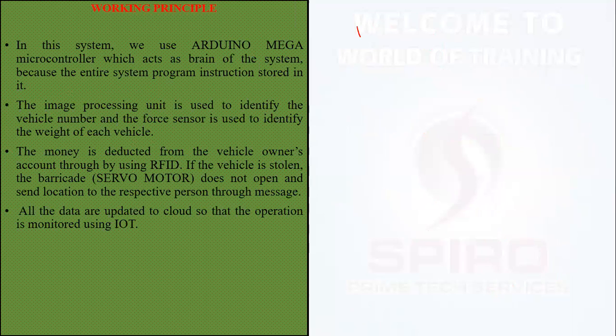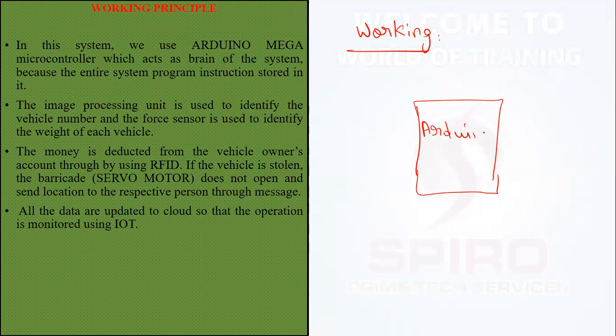Working model. In toll gate, there will be one controller. In our project, we are using Arduino controller. Number plate recognition is done using MATLAB. In MATLAB, there will be image processing, so number plate is recognized using image processing, and there will be RFID. RFID is nothing but radio frequency identification.